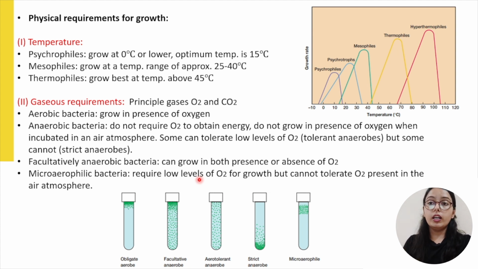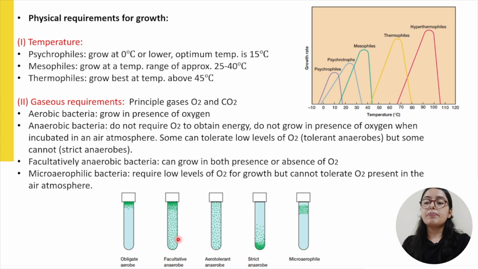So as we can see here in this image, in the first image, in the nutritional medium we can see it is obligate aerobes. So these are the aerobic bacteria. We can see here at the top of the test tube, or the top of the nutritional medium, where the oxygen is the most, there grow the aerobes.